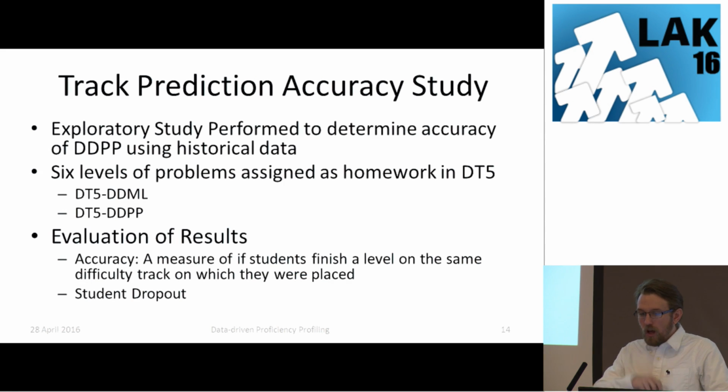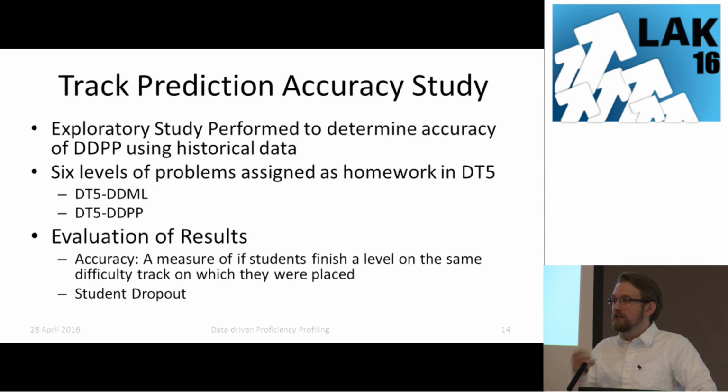So for the evaluation portion, we kind of want to track the prediction accuracy. So in this case, we're saying, well, we decided that you were on a certain track. After you completed that level, did we change our minds, essentially? So the idea is that changing a lot would be bad. If there are more changes, then the path we put you on wasn't correct.